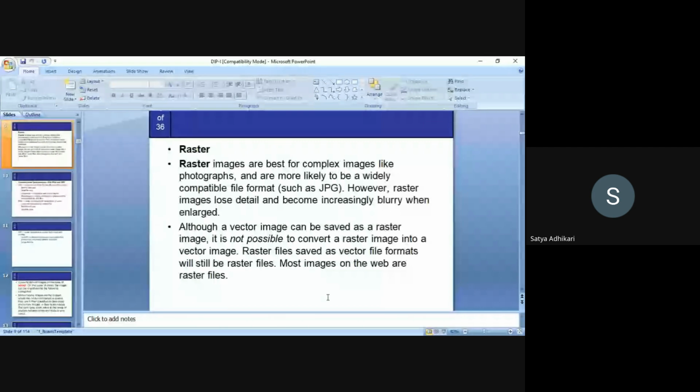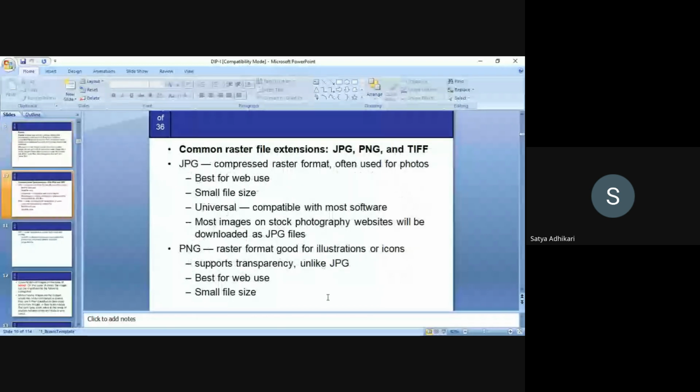A raster file cannot be converted to a vector file. So a raster file saved in a vector file format will still be a raster file. Most images on the web are raster files.